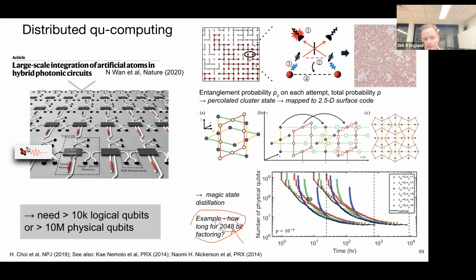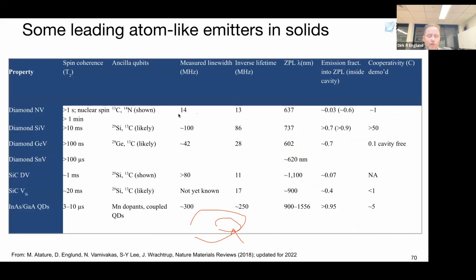But given the error rates that these gates have, let's say that the error rates get better to 0.1% or so for 2-qubit gate errors, then that would result in a physical qubit count of about 10 million. So that's the kind of problem we have to solve to make practical use of these kinds of quantum machines, insofar as we know. I mean, there might be an intermediate scale quantum computer application that surprises us, but as far as we know, we have not found such a thing yet. Okay, so let's take a look at the different kinds of solid state emitters in solids.